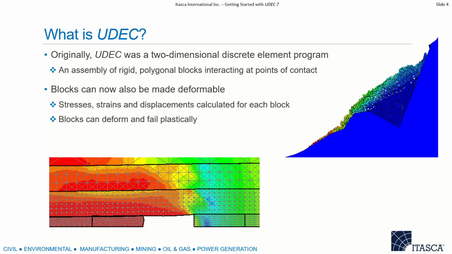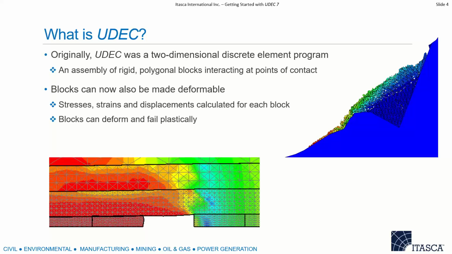Later on, the blocks themselves were made deformable. This was done by actually zoning the blocks. So each individual block is like a small continuum model. This means that stresses and strains and displacements can be calculated within each block. And the blocks themselves can actually deform and fail plastically depending on what constitutive model you assign to them.